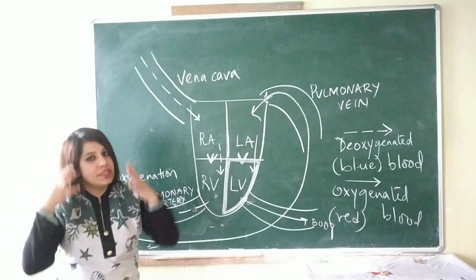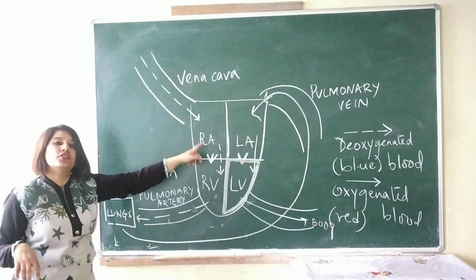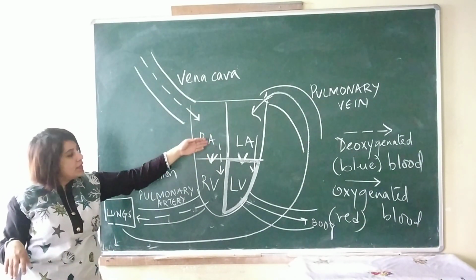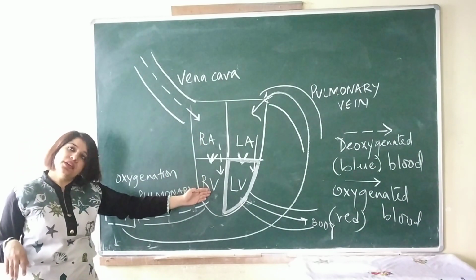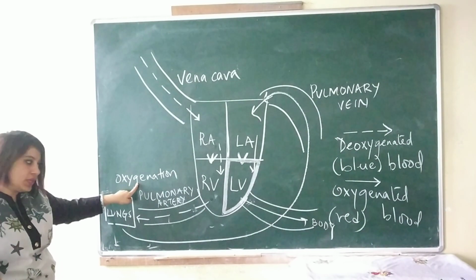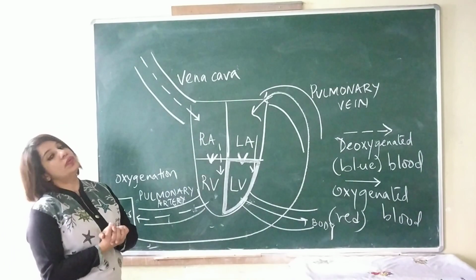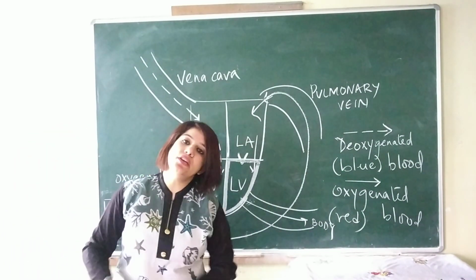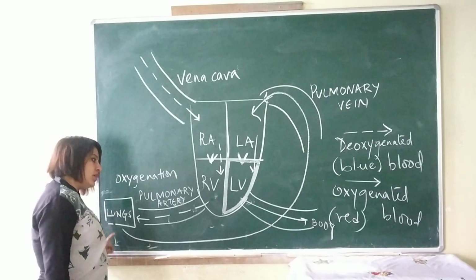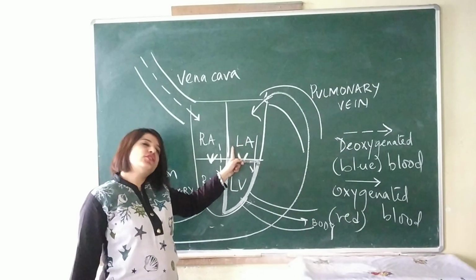Once more, deoxygenated blood from the different parts of the body is brought to the right auricle by the vena cava. Deoxygenated blood from the right auricle enters the right ventricle. From here, it goes to the lungs for oxygenation. And who carries it? The pulmonary artery. It is the only artery which carries deoxygenated blood. After the blood becomes oxygenated in the lungs, the oxygenated blood enters the left auricle.